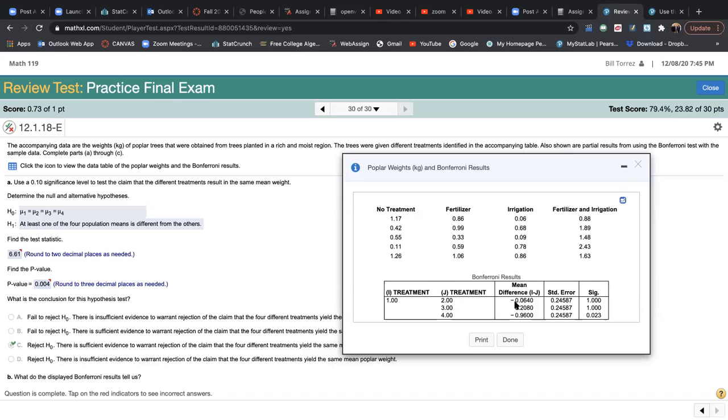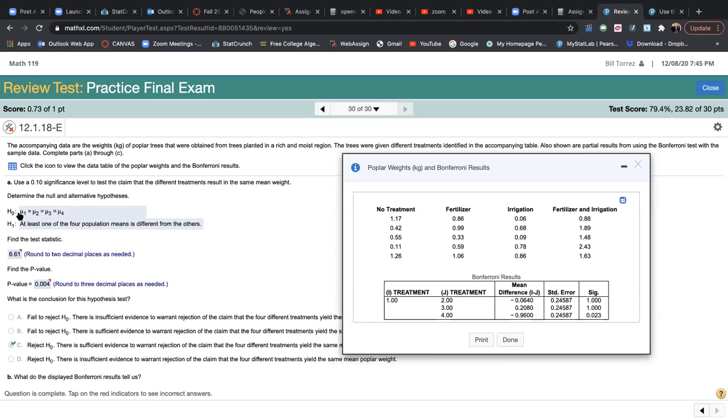Now, Bonferroni is not something that we studied in our worksheets, so I won't give you a problem on the final with any Bonferroni test, okay? But let's do the analysis of variance on the data that we're given up here.